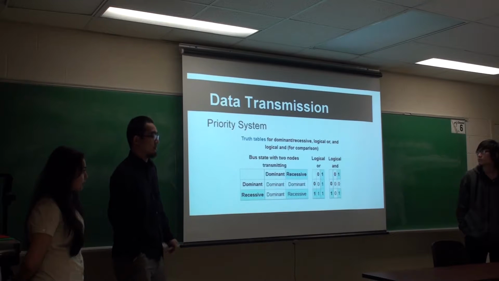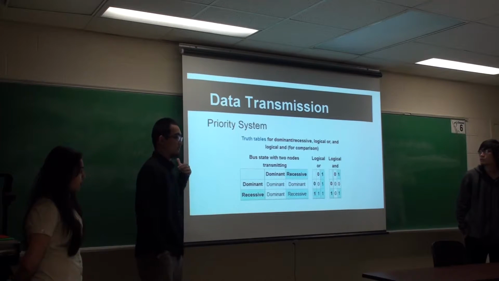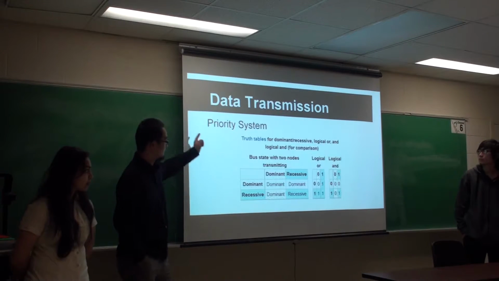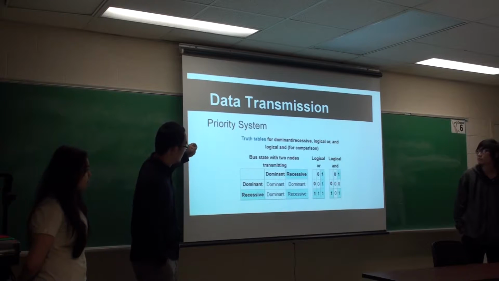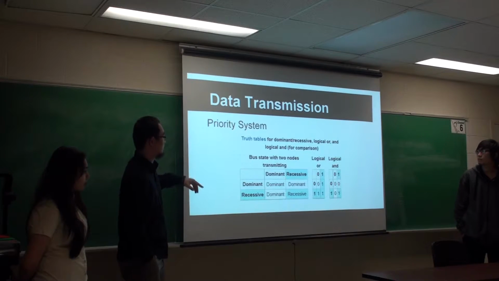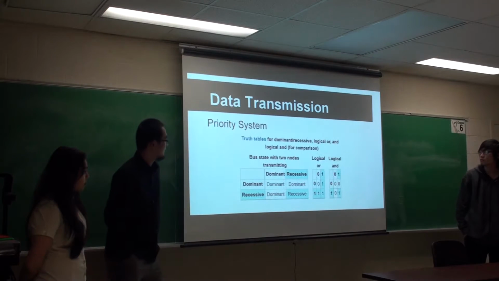And the CAN bus also has a priority system, which Sana already covered in the previous slides. But here it is in digital view. The bits are differentiated by dominant bit and recessive bit.